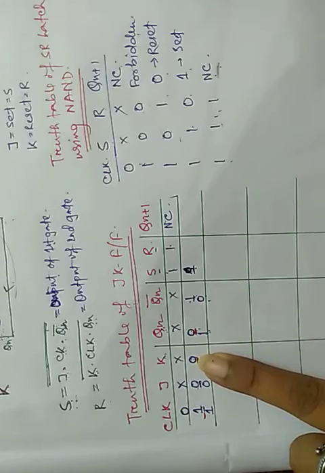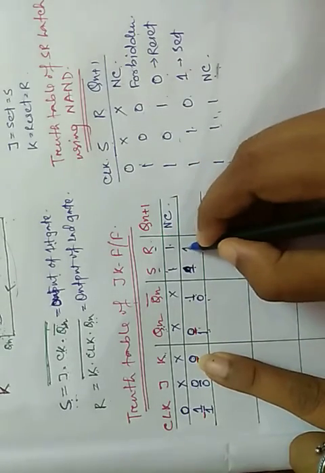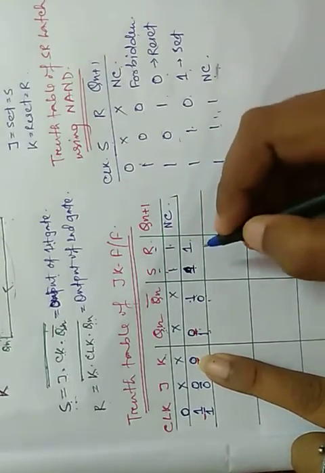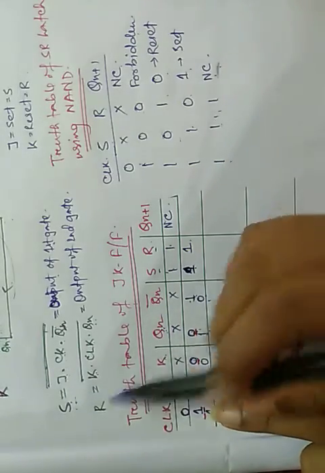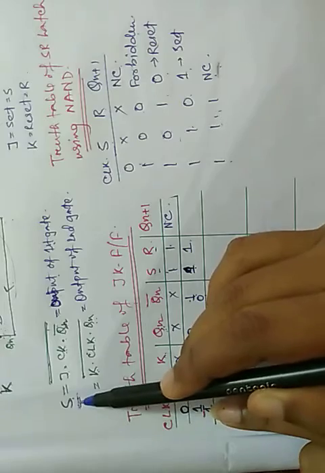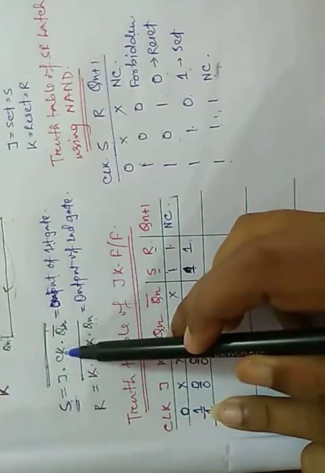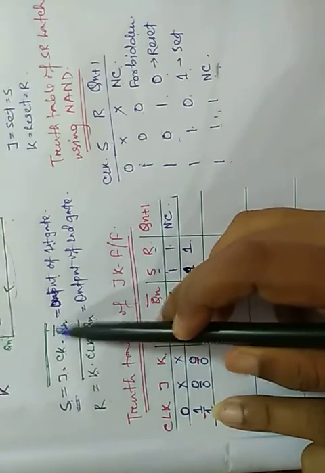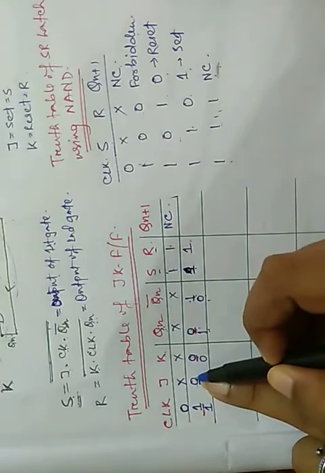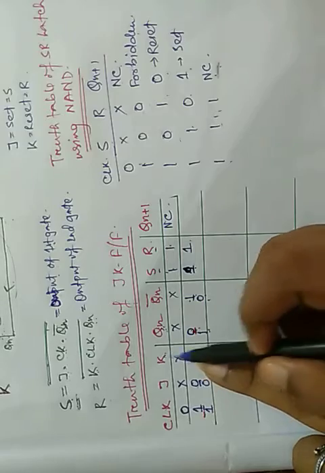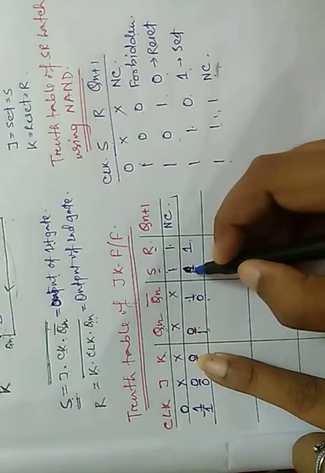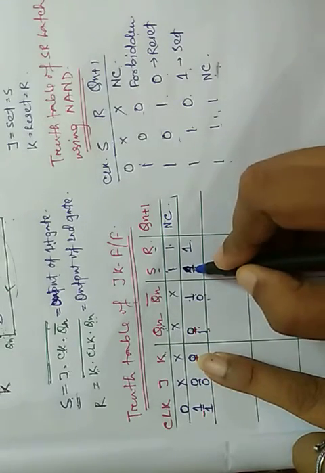So the output of R is also 1. Clear? Again I am repeating here. In order to get the value of S, we have to check the J clock Qn bar value. Here J is 0, Qn bar is 1, clock is 1. So the NAND operation of this, we get the value 1.